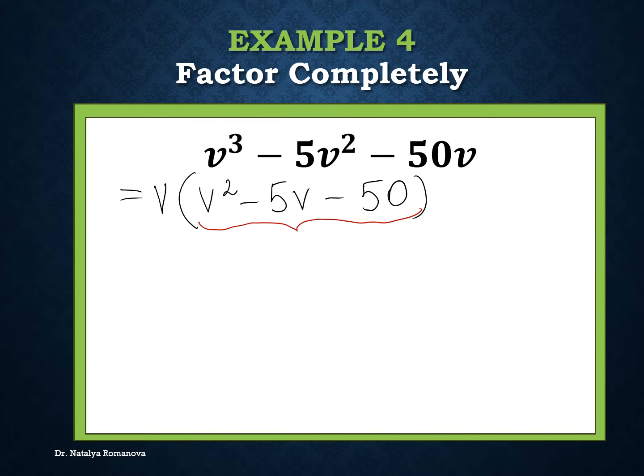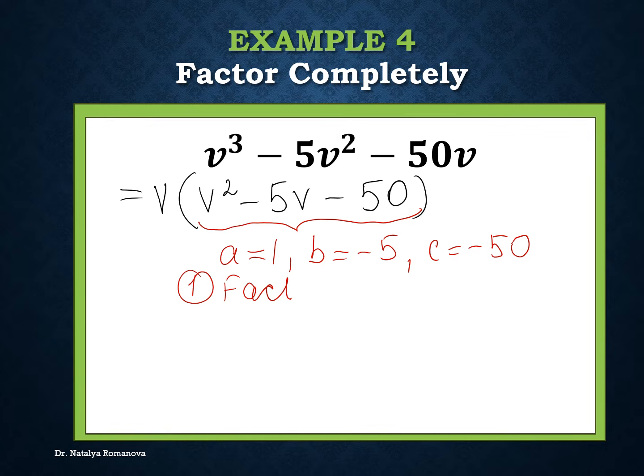So for our v squared minus 5v minus 50, we write the a, b, c coefficients. Coefficient a equals 1, coefficient b equals negative 5, coefficient c equals negative 50. Now we have to find all factors of c, factors of negative 50.